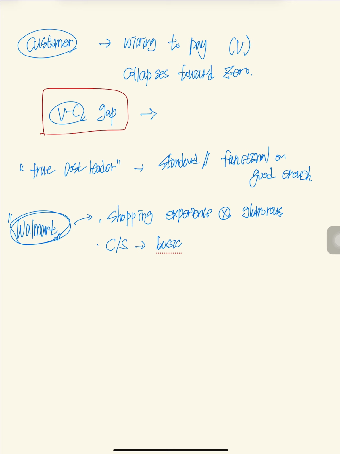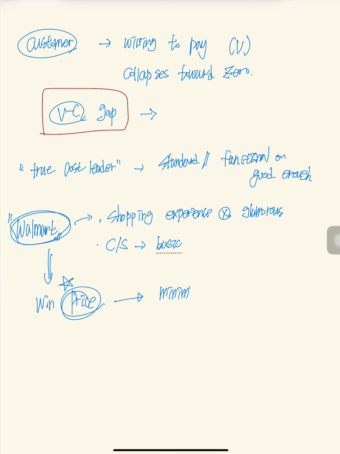So Walmart wins on price because its entire operating system, from supplier relationships to inventory management to store layout to employee scheduling, has been engineered to minimize the cost at every single node.